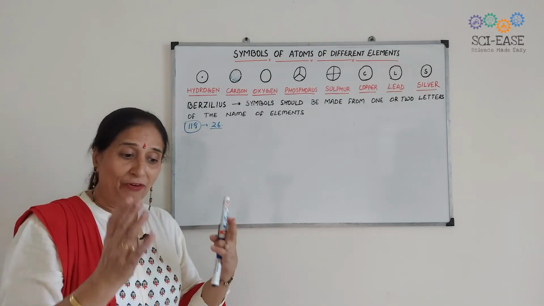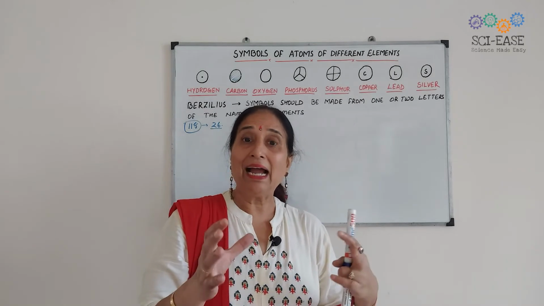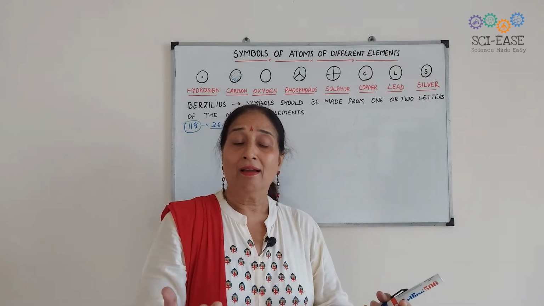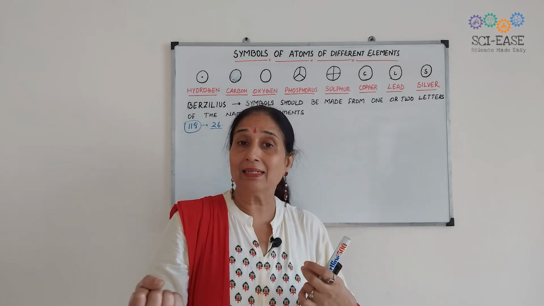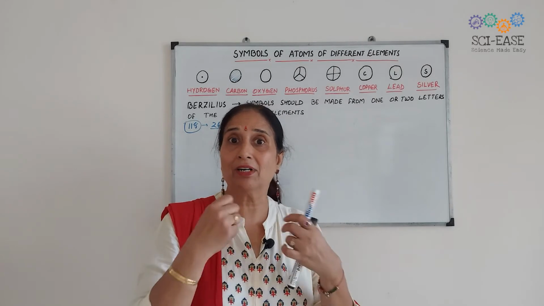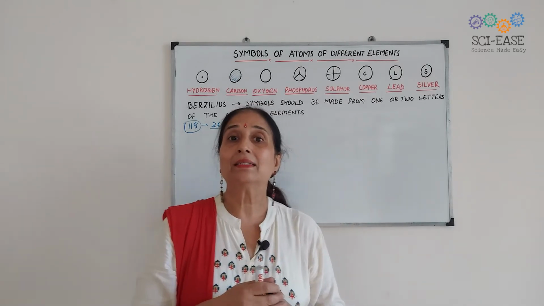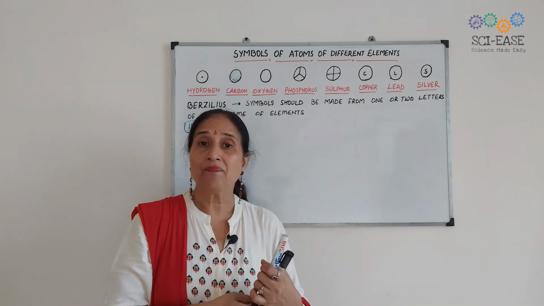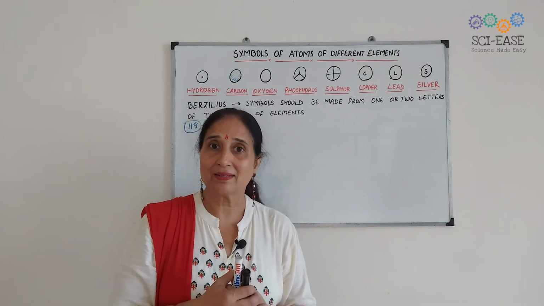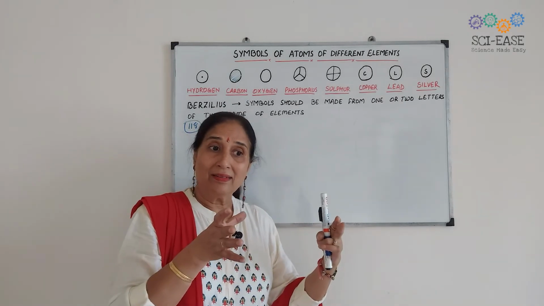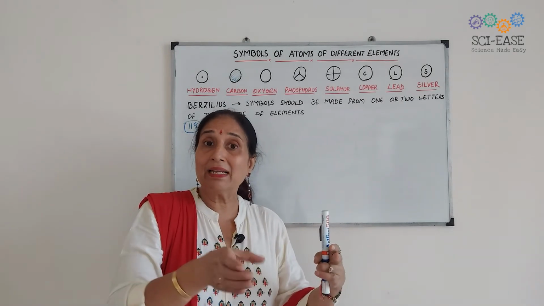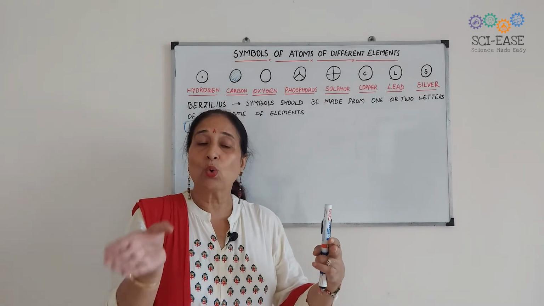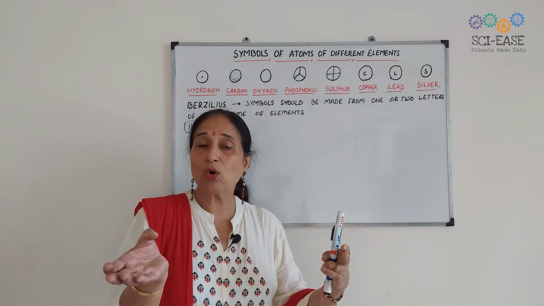So firstly, it was observed that some symbols were given from the place where that element was discovered, like in the case of copper, which was discovered in Cyprus. And in some cases, by studying its property, like gold, it's yellow in color, so its symbol was given accordingly.